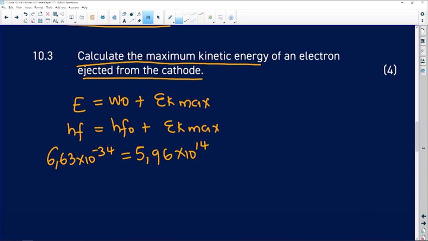I think I made a mistake somewhere here. Let's just look at this, because this is the frequency, right? So I can't have the equal sign here. In fact, these two are supposed to multiply each other. So we made a mistake there.